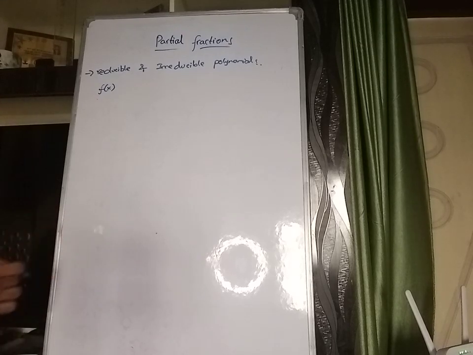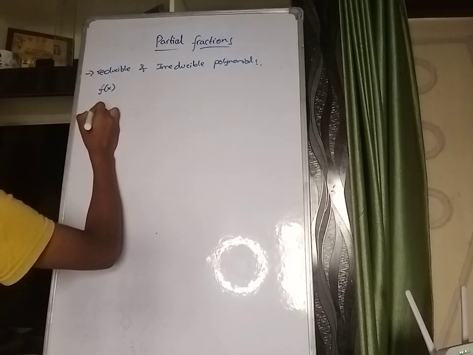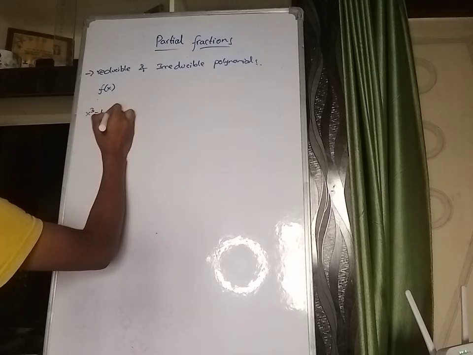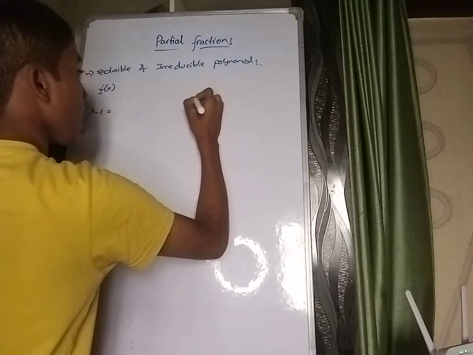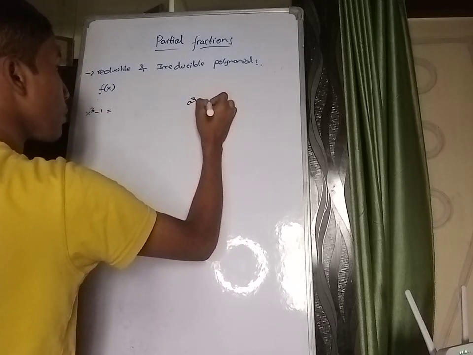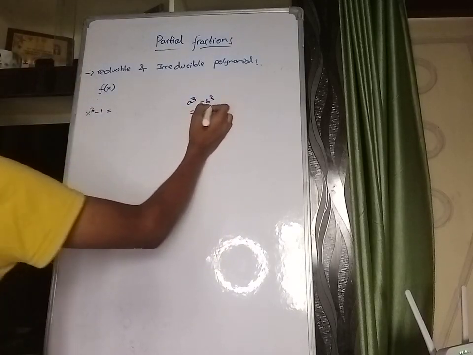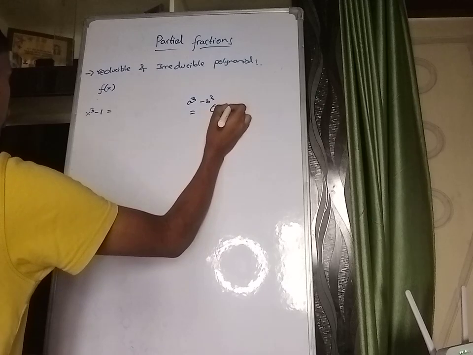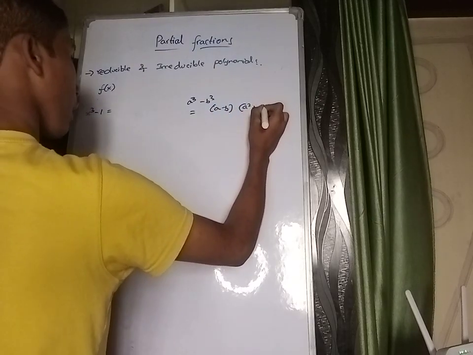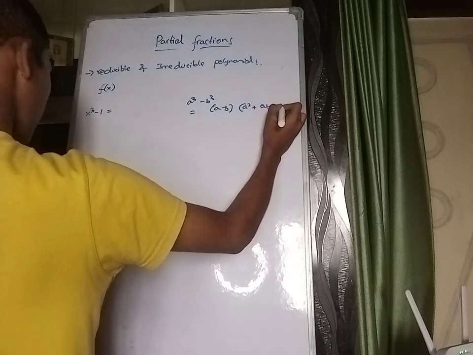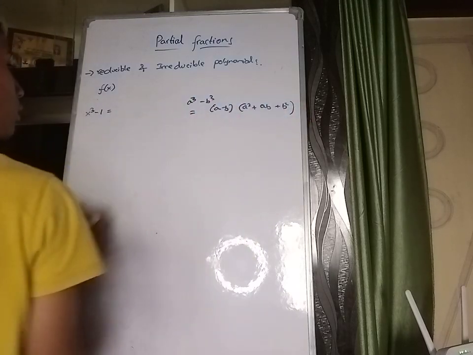For example, x cube minus 1 is in the form a cube minus b cube, which is nothing but a minus b into a square plus ab plus b square.